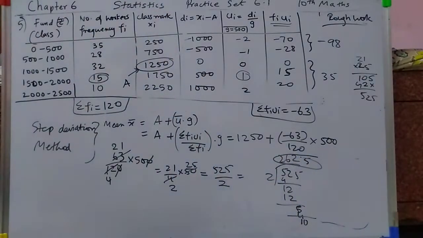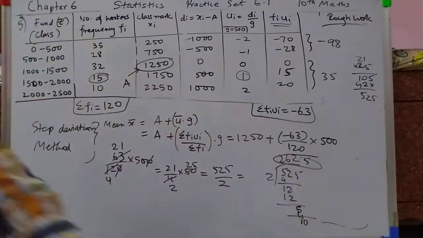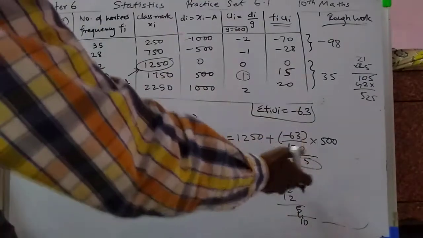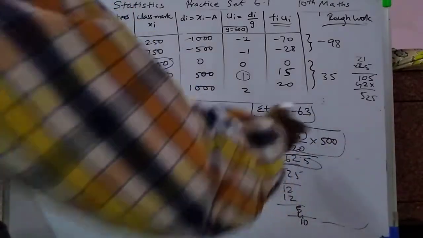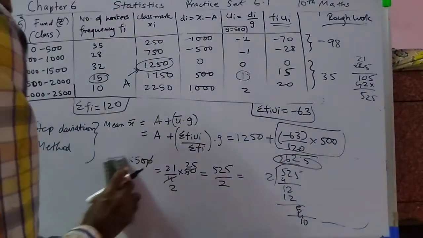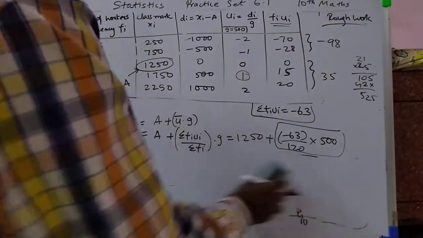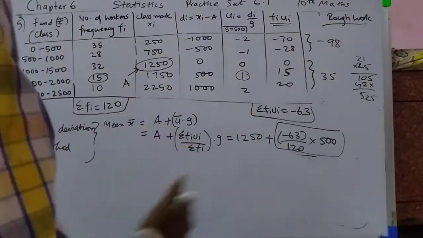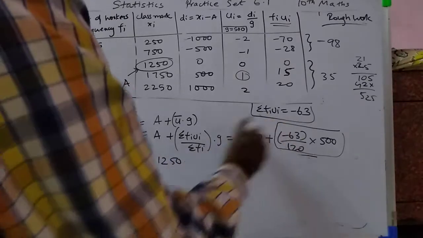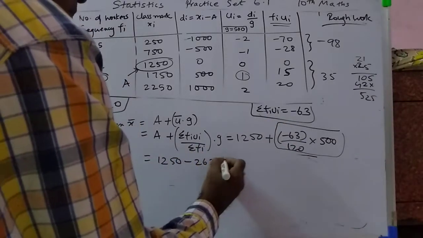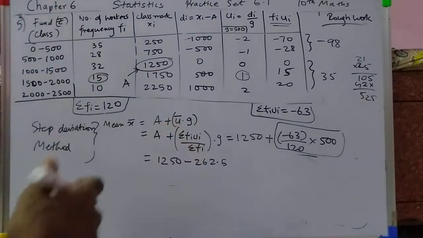Okay, so we get this 262.5, that we write it here. That is equal to 12560 plus minus 262.5. Now you have to subtract it.